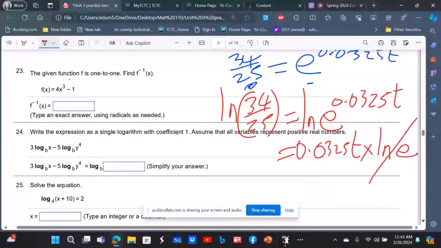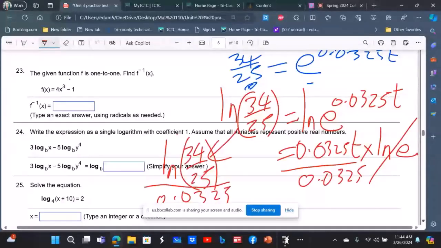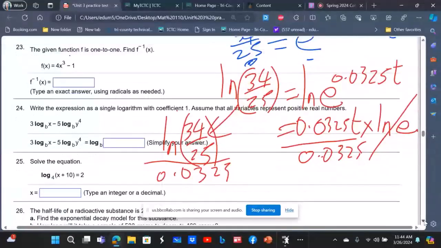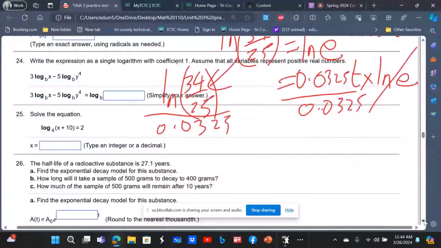Whatever answer I have is the number of years. My answer better not be negative, because the number of years cannot be negative. So if your answer is negative, go back and find out where you made a mistake. Everybody makes a mistake. Try to catch your mistake.